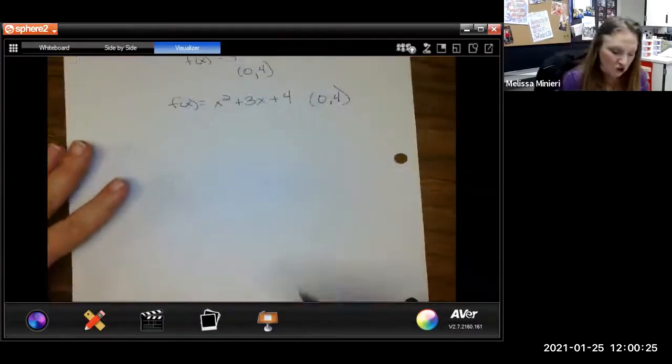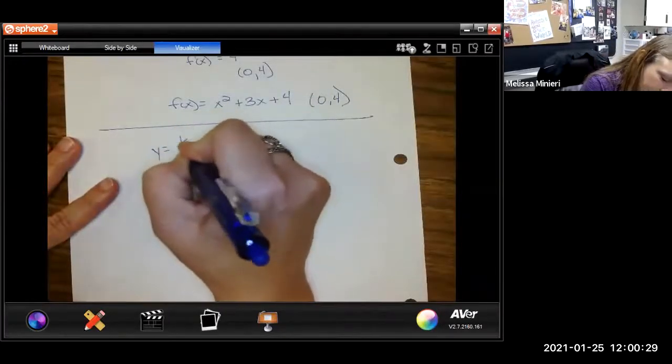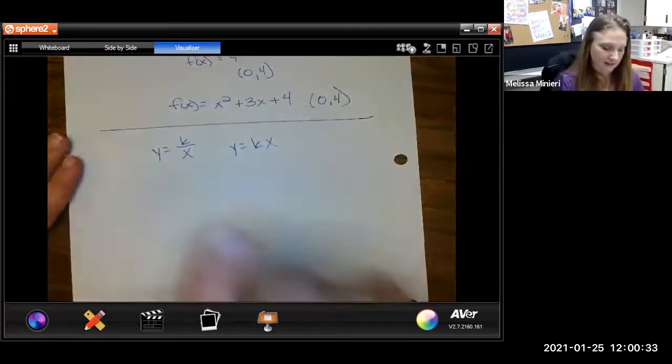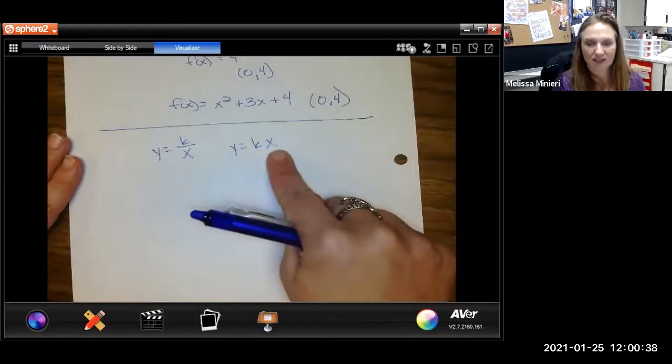It's not on your progress check and it's not on your test. So there's the good news. But the direct variation should be easier because instead of this format, you are using this format, okay? Instead of the constant being divided by x, the constant is multiplied times x. That's the only difference. Other than that, you do it the same.